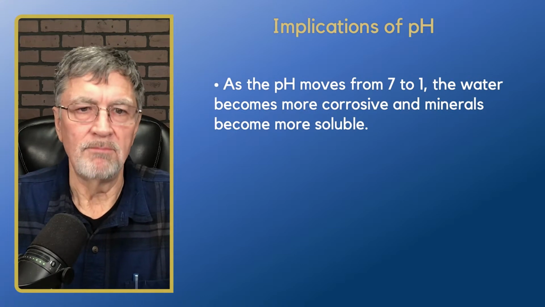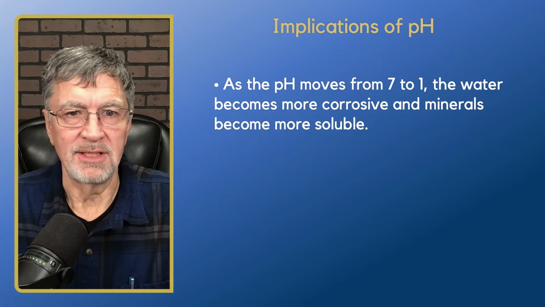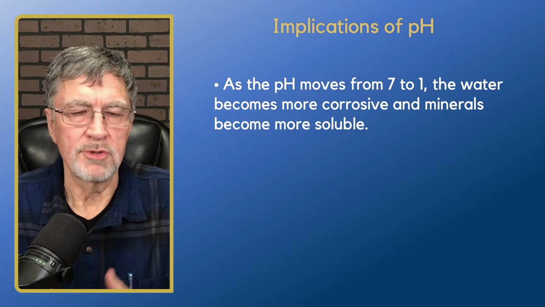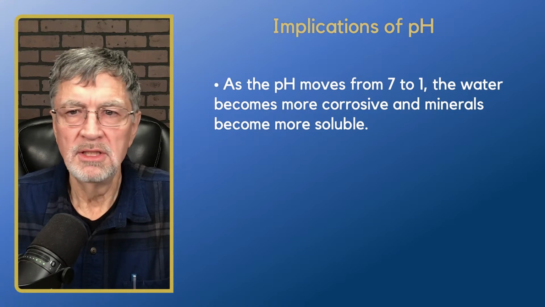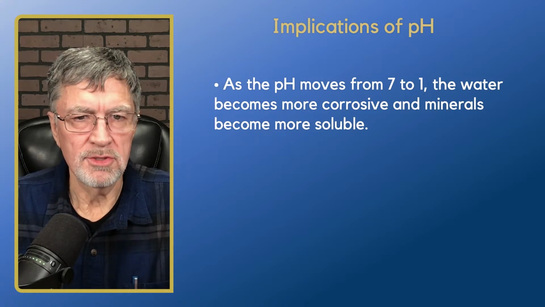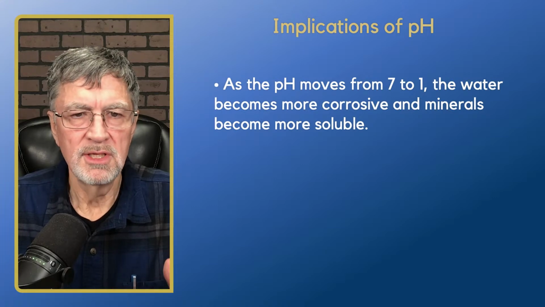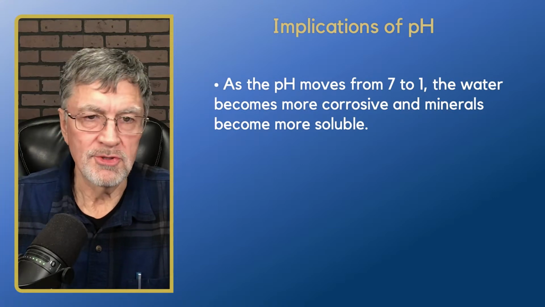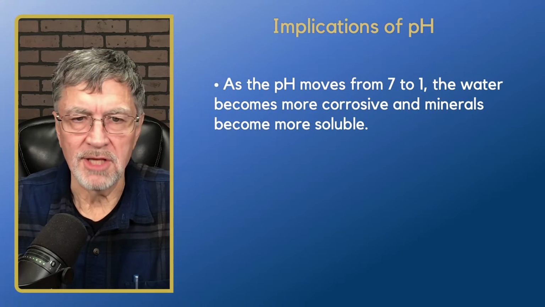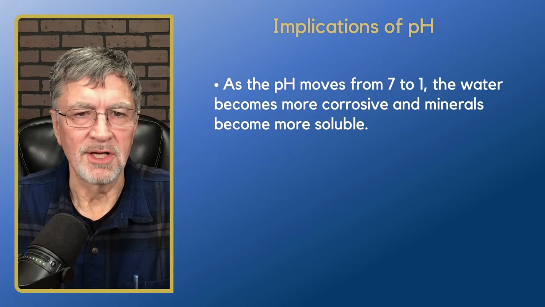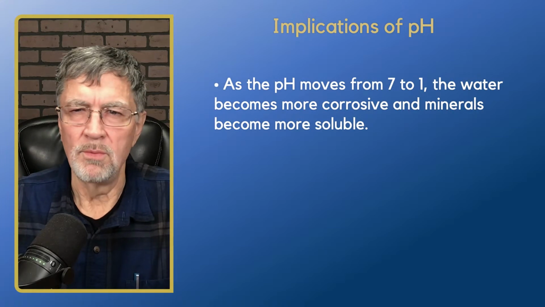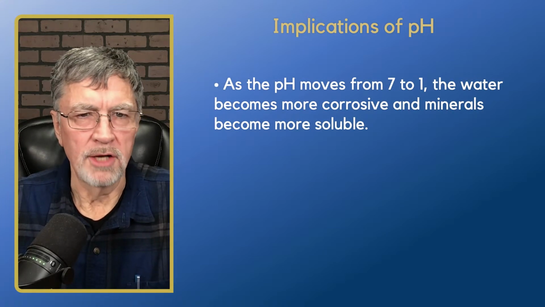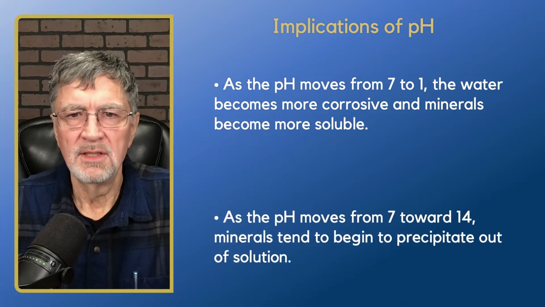This is part of the reason we use acid in well rehabilitation, because in a lot of cases we're trying to remove minerals from the well, and more acidic solutions are going to take those minerals into solution. Also, if you have a steel casing, then the more acidic the water is in the well, the more likely it is to corrode more quickly. So yes, definitely, acidic water is more corrosive.